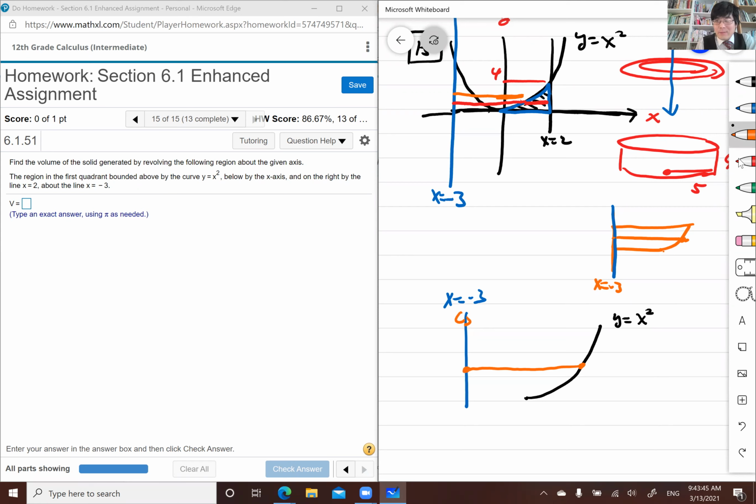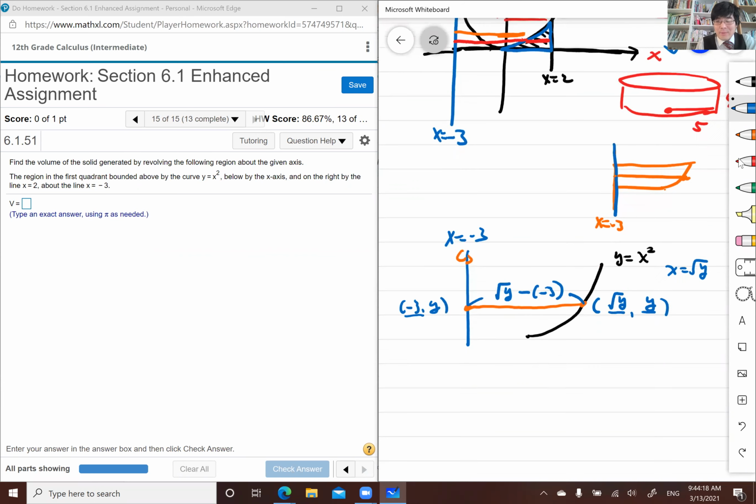We really want to know the x coordinate here, with a given value of y. When y is given, the x coordinate must be the square root of y. This other point has the same y value, but the x coordinate is -3. So the distance is right minus left: square root of y minus -3. That's the horizontal length.